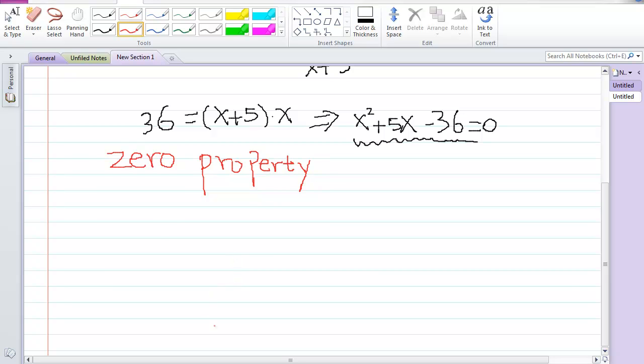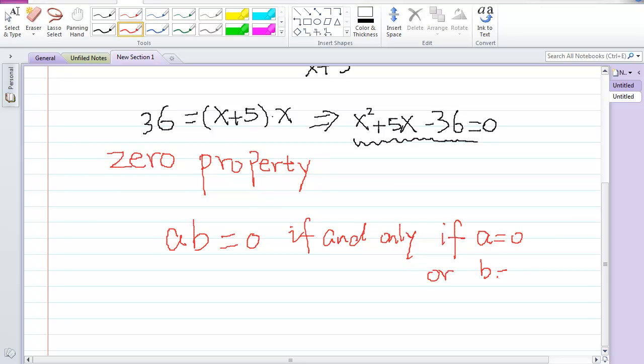If a times b equals 0, which means if and only if a equals 0 or b equals 0.